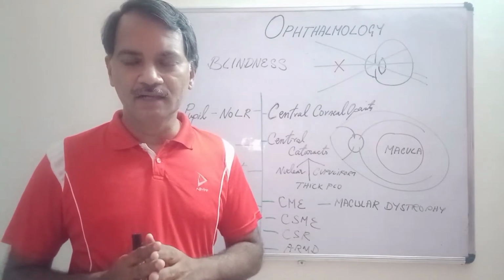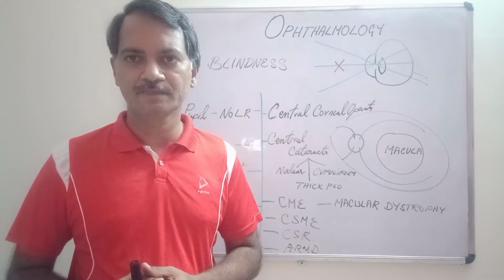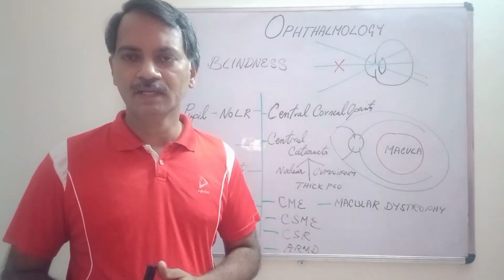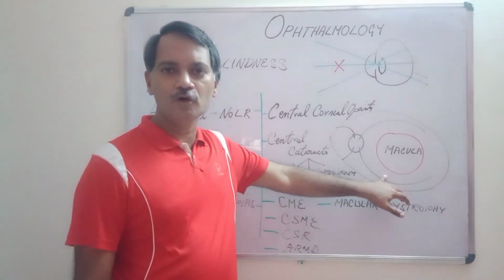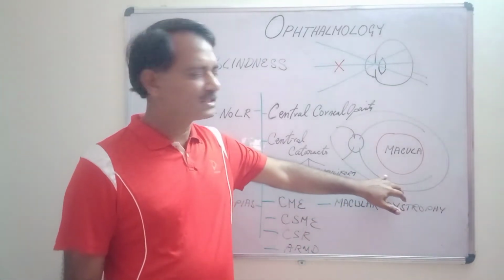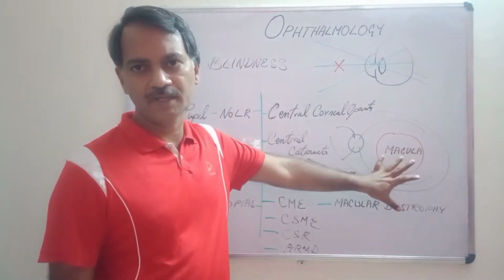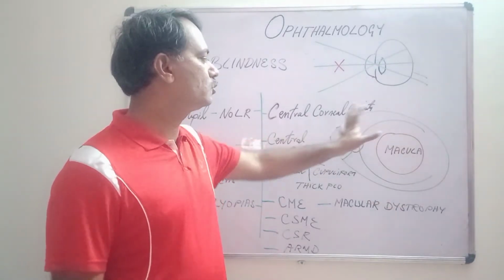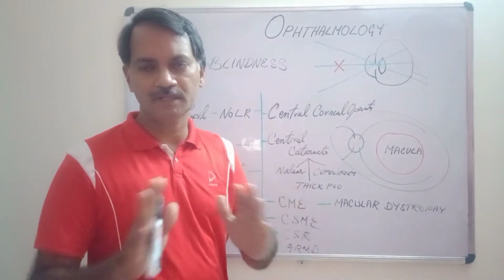Now let us learn why a person develops day blindness. Already we have seen the anatomy of the retina. In that we have said that the central portion of the retina is called the macula. This macula has cones as photoreceptors. It does not have any rods. Peripheral to the macula, the retina has rods as photoreceptors.